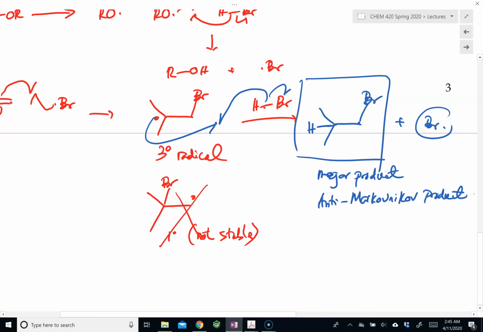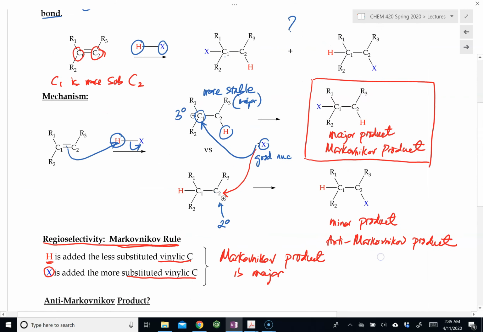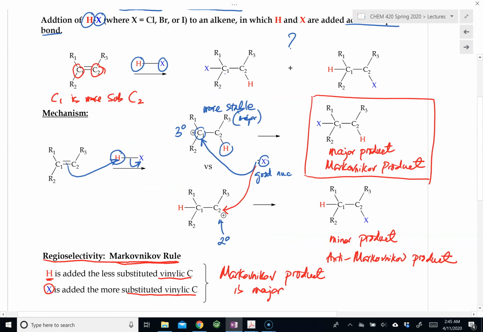So there we have it. If we want to favor the Markovnikov product, then we make sure we do not have a trace amount of hydrogen peroxide in it. Versus if we want to favor the anti-Markovnikov product, then we would need to add a small amount of hydrogen peroxide.